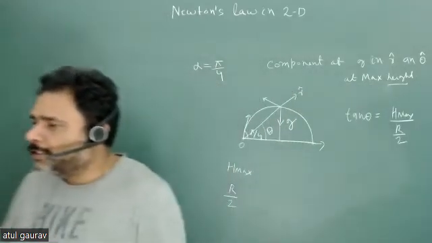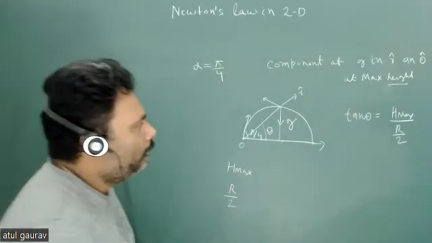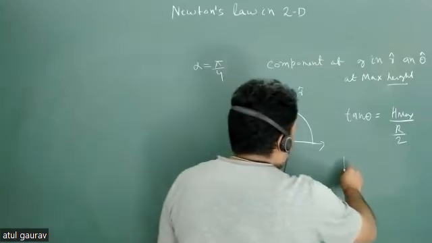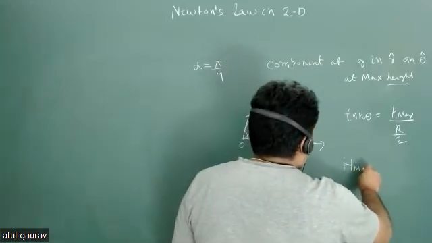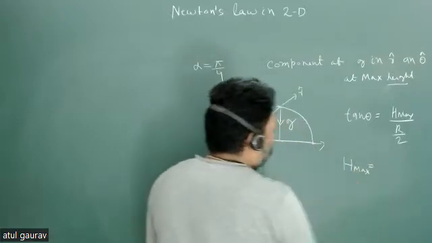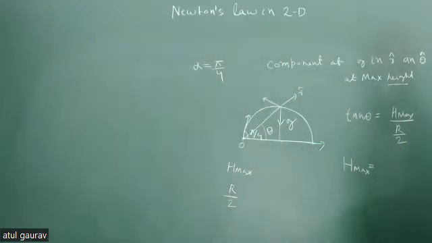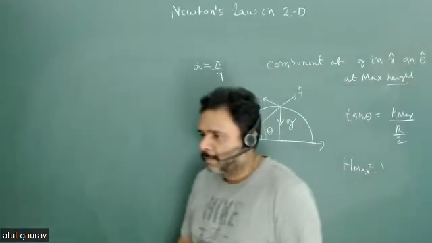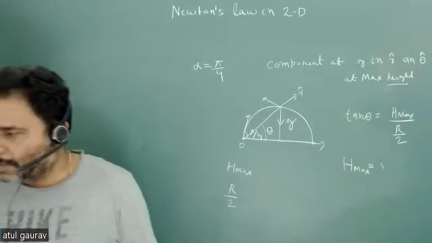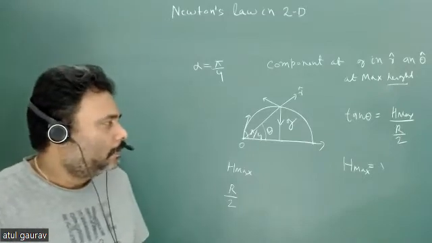So first, you have to calculate what your h maximum will be. Does anyone remember the formula for h maximum? For a projectile, it is v square sin square theta by 2g. If you are a JAM student, you have to remember this.